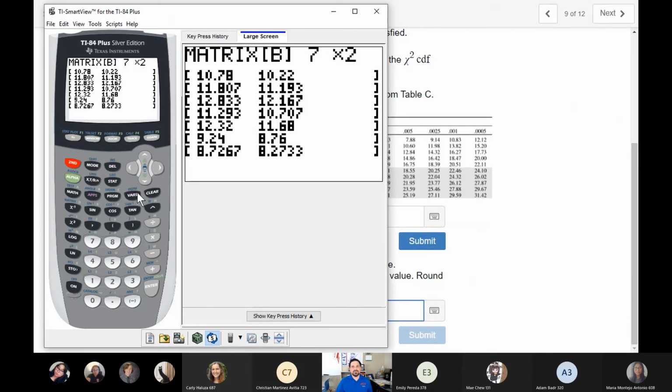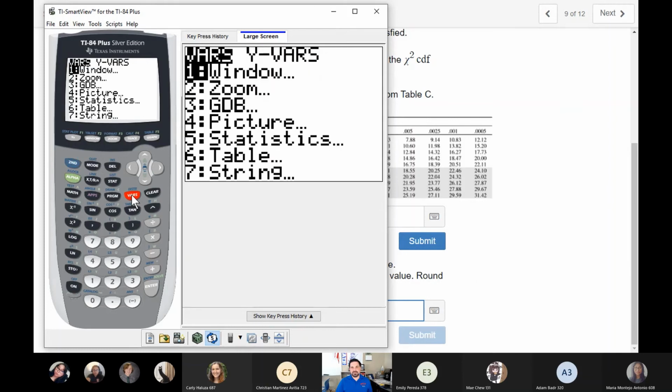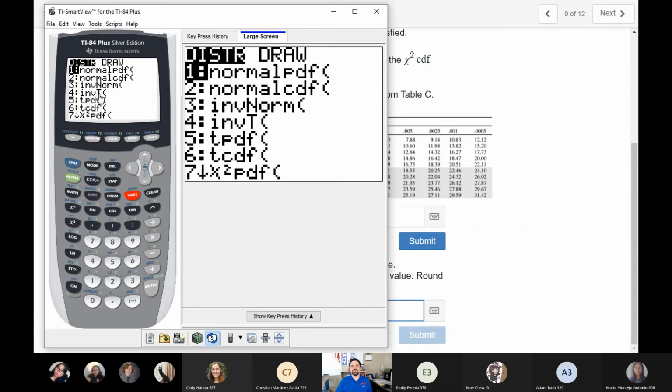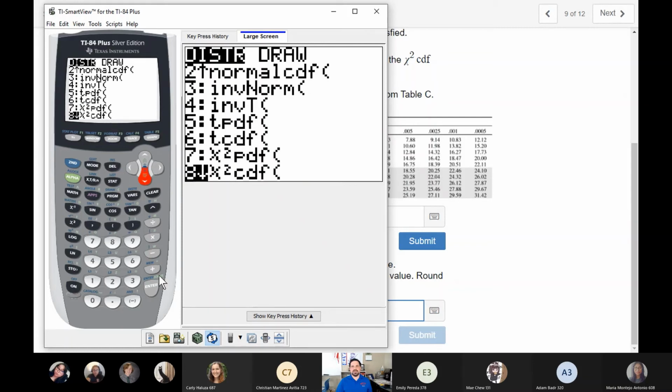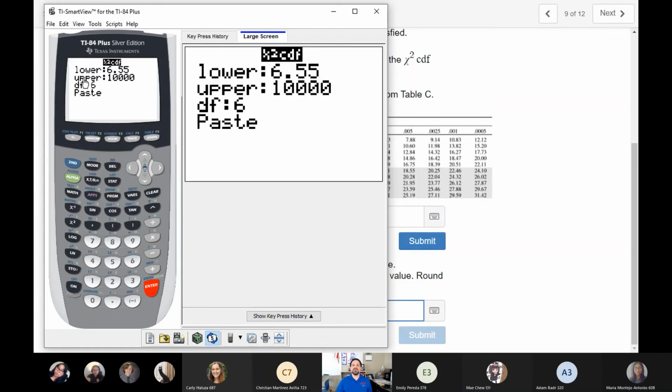Or we can go to distributions, and we can use the chi-squared CDF distribution, option 8 here. Use 6.55 as the lower bound. Have an upper bound of just some large number, because there is no endpoint. We're just looking for what proportion under the curve is greater than 6.55. Degrees of freedom of 6.